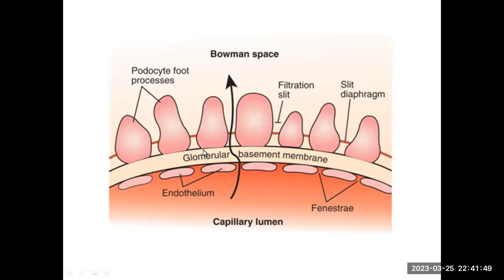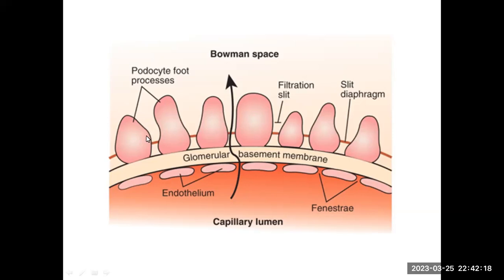Then we have here the glomerular basement membrane, and as we said, there are negatively charged molecules here on the glomerular basement membrane, and also negatively charged molecules on the podocytes. And these negatively charged molecules will provide a charge barrier against the substances in the blood. So not only do we have a size barrier determined by the pores in the endothelial layer, but also a charge barrier offered by the glomerular basement membrane and the podocytes.